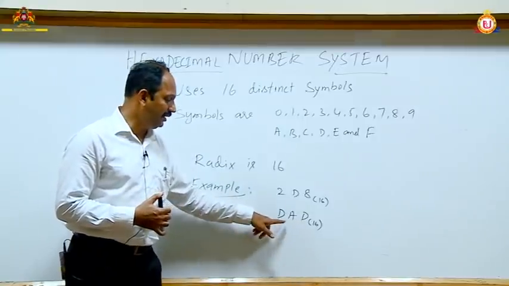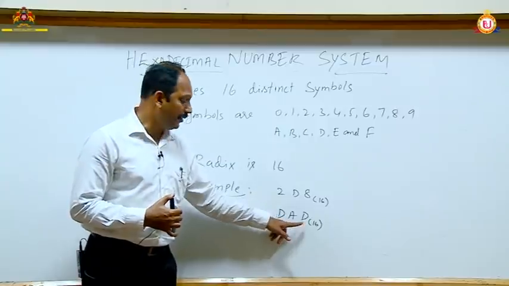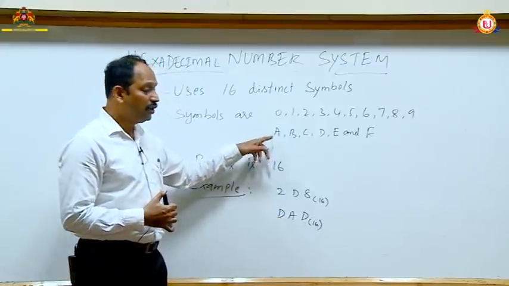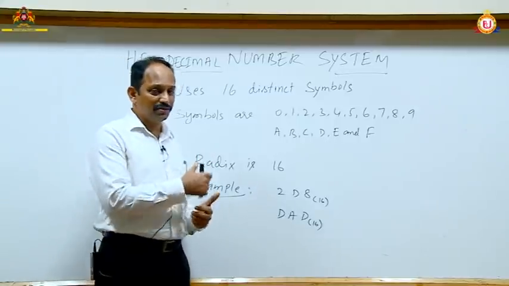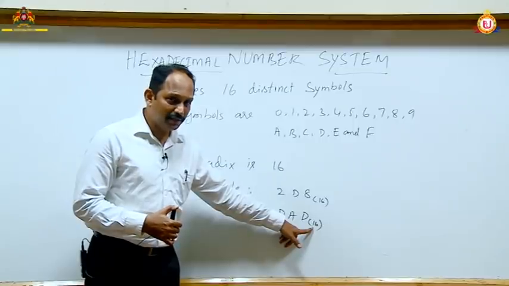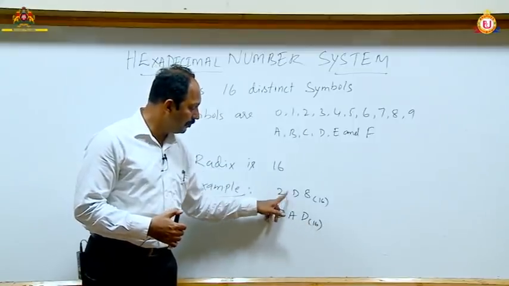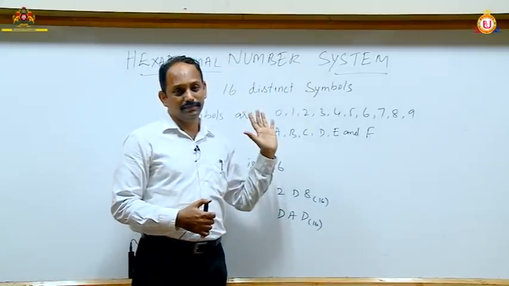So the values 13, 10 and 13 in hexadecimal are represented using the alphabets, because those are the letters used to represent these numbers. The 16 is given at the subscript position because this number represents a hexadecimal number.